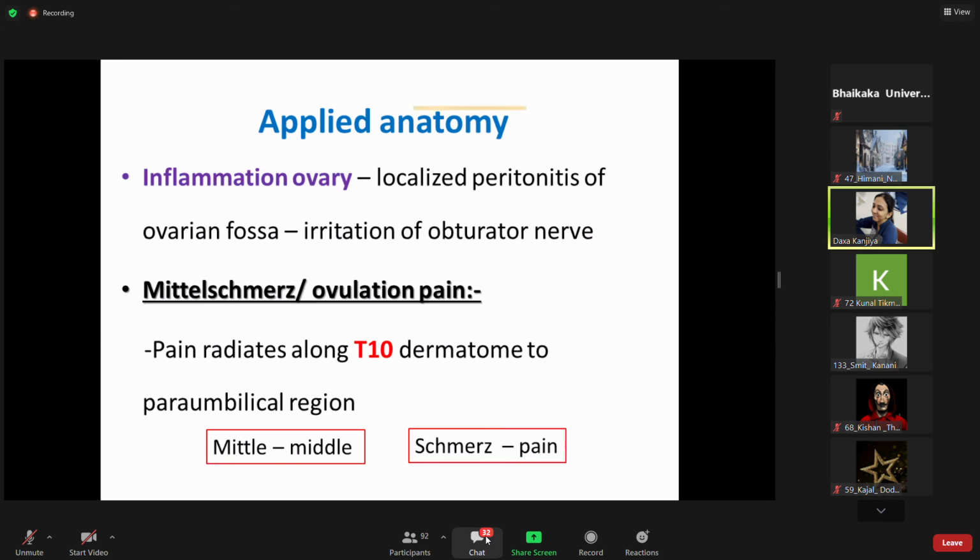Pain occurs at the midpoint of the menstrual cycle. That is ovulatory pain due to ovulation. So the girl feels the pain at the midpoint of the menstrual cycle. That syndrome is called Mittelschmerz syndrome, and the pain radiates particularly around the T10 dermatome around the umbilicus.